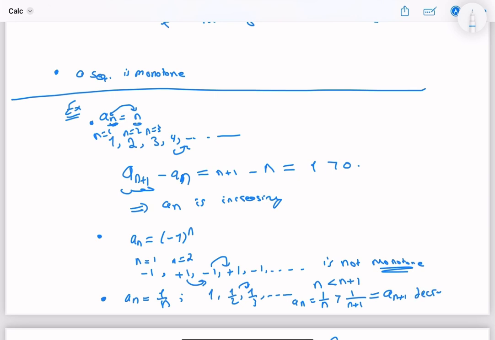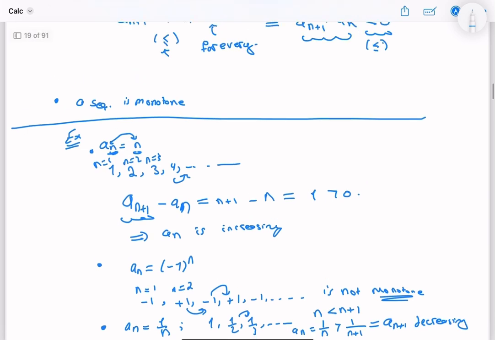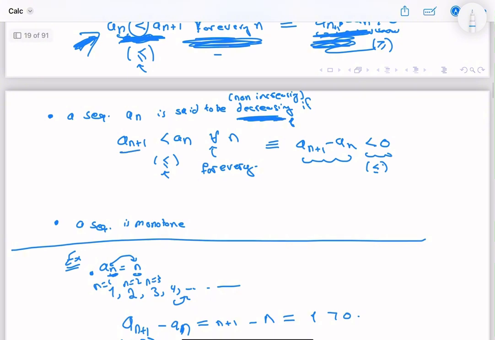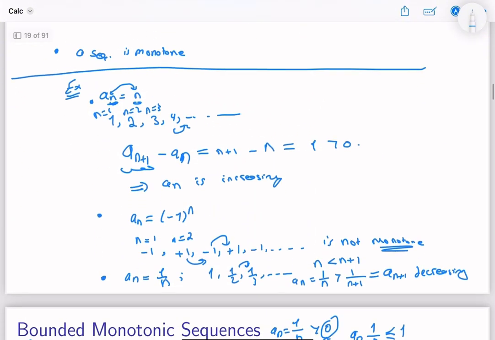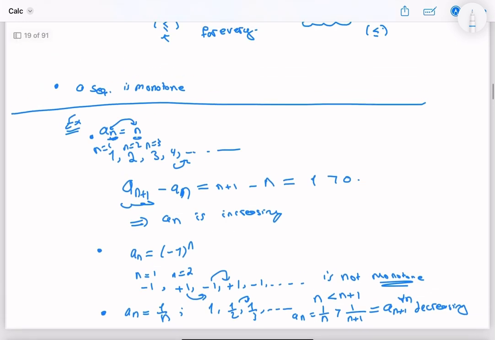So this is decreasing. Remember, this is how we define a decreasing sequence. It's when a_{n+1} is less than a_n for every n. This is important. So this is for every n. Okay? So these are examples of monotone sequences.